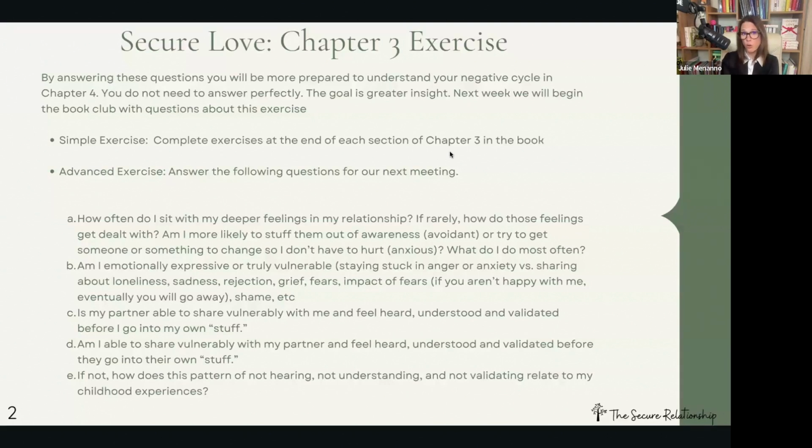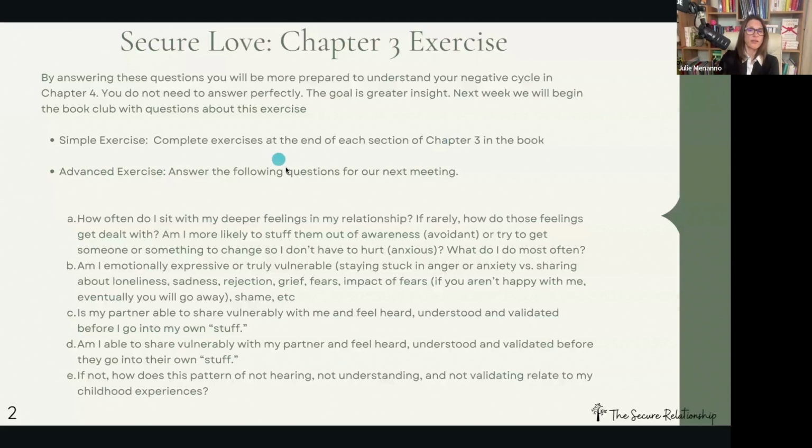You can't know about your negative cycle without knowing what's going on with you underneath the surface of your behaviors. And you can't know about your partner without really knowing yourself first, because we can recognize in others what we can recognize in ourselves.